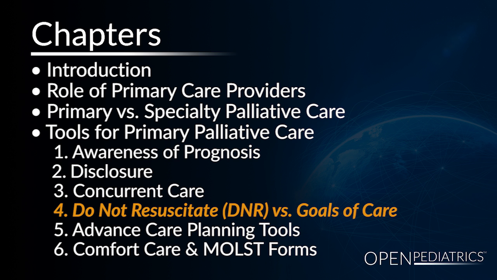Do not resuscitate versus goals of care. Tool number 4: not getting the DNR, but rather exploring the goals of care. Many people think the palliative care teams are expert in getting the DNR, and I think that really misses the point.